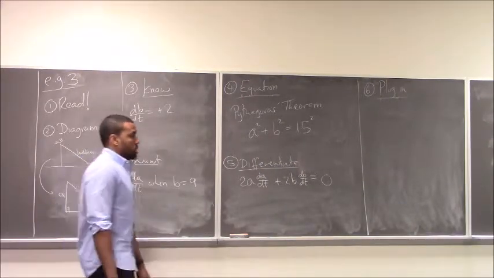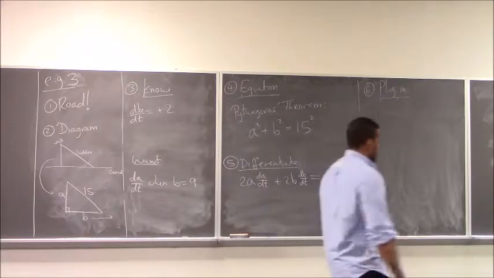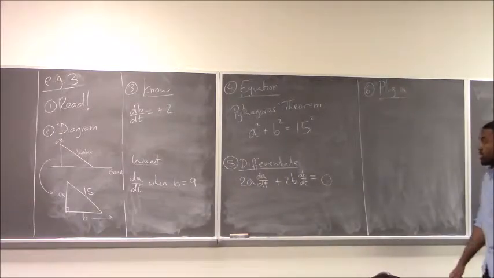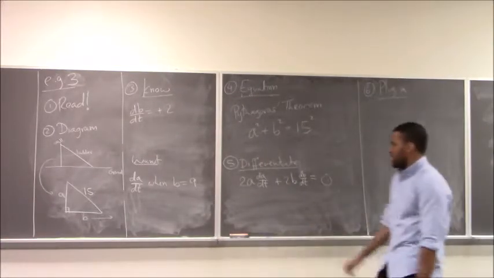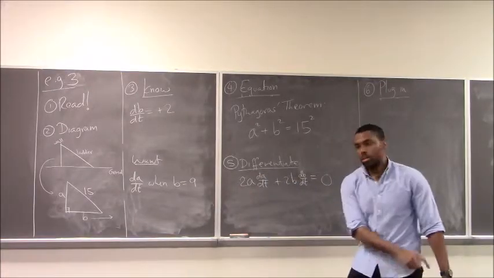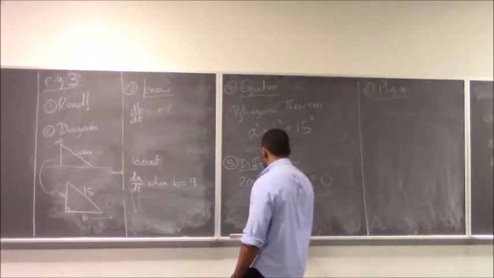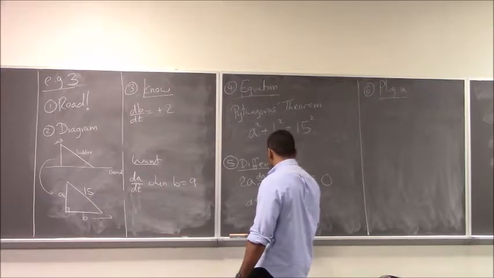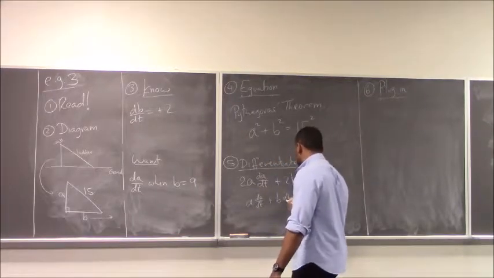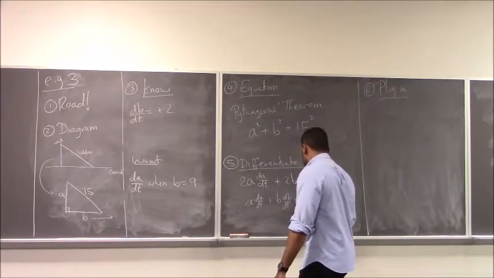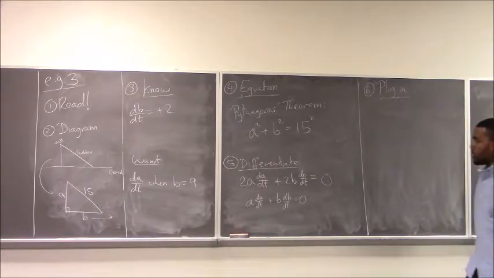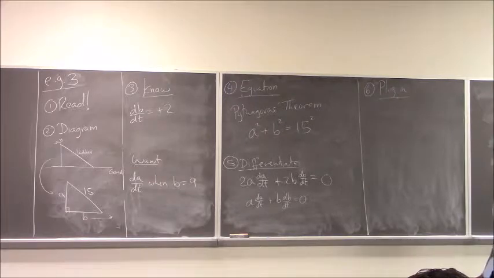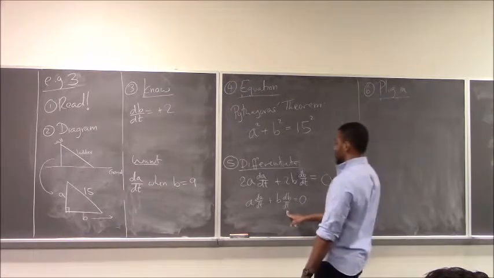Okay. So now, what we're going to do is start plugging things in. In fact, I can divide this by 2. So it's just a dA dt plus b dB dt equals 0. Okay, so what do I know? I know dB dt.